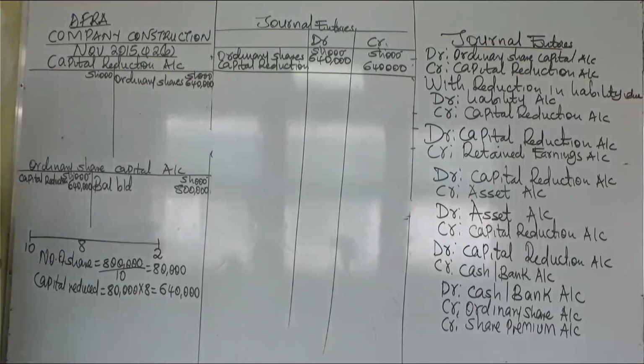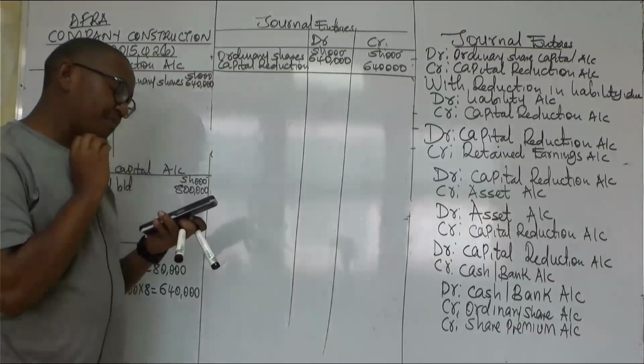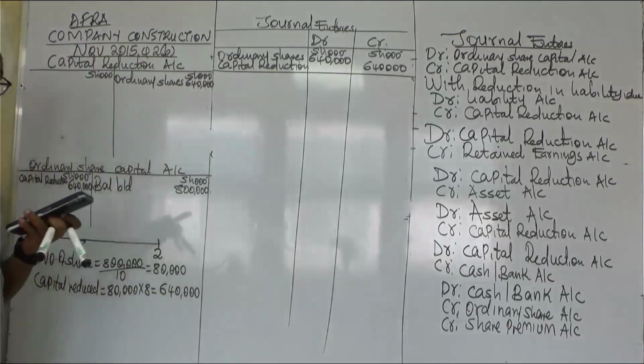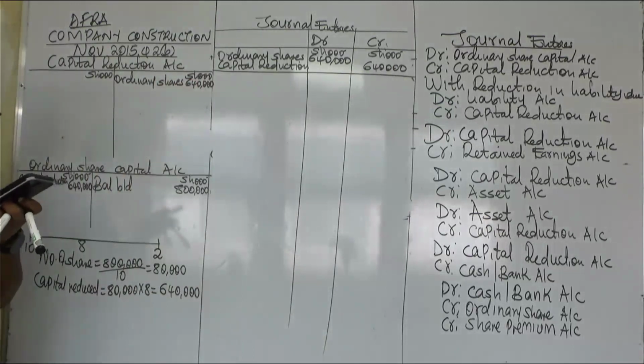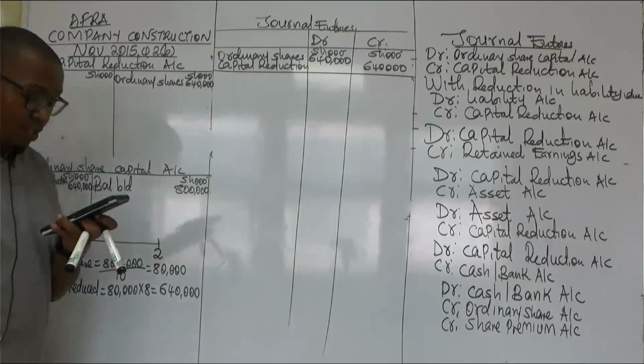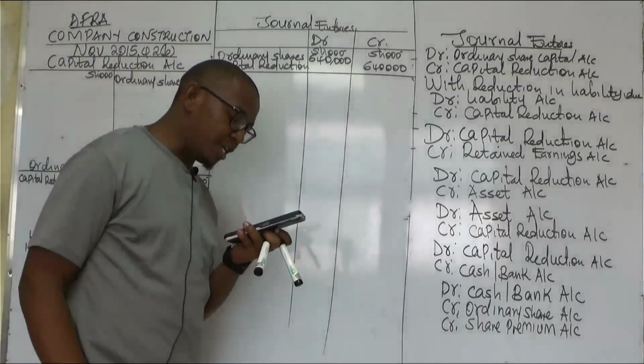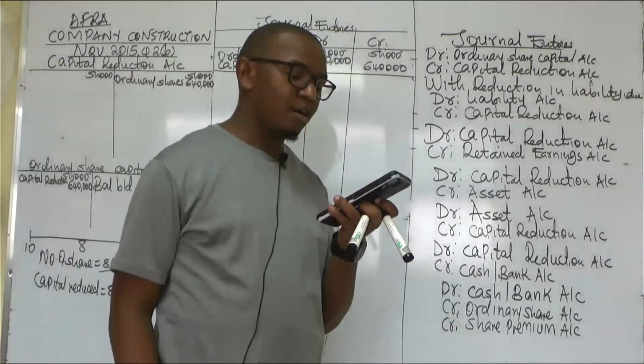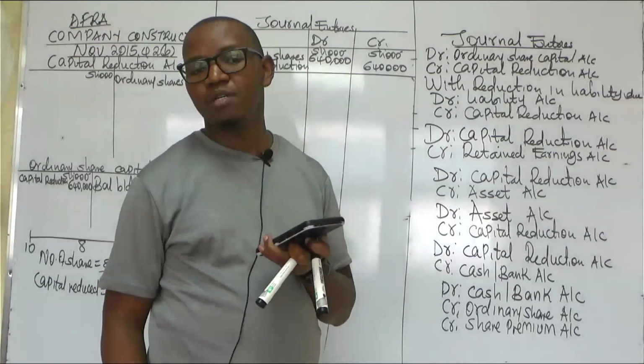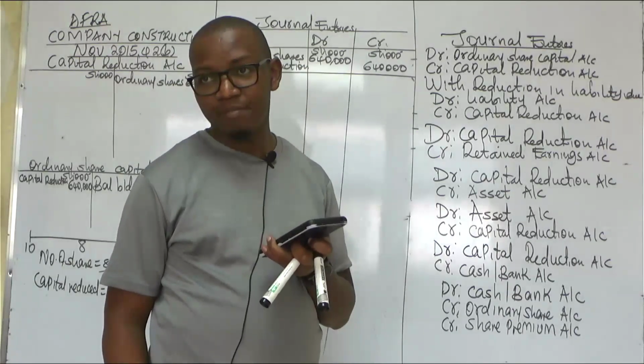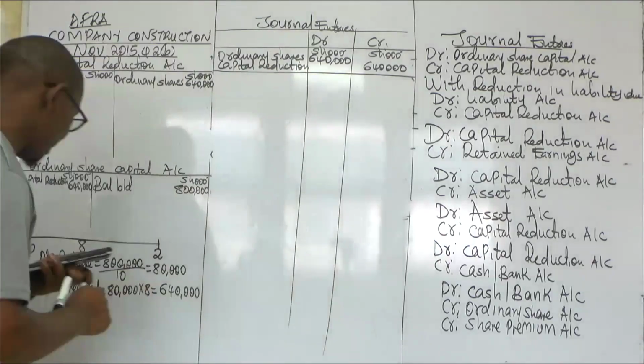Subsequently, every 5 shares of shillings 2 are consolidated into 1 share of shillings 10. Right now, let me just have it here.